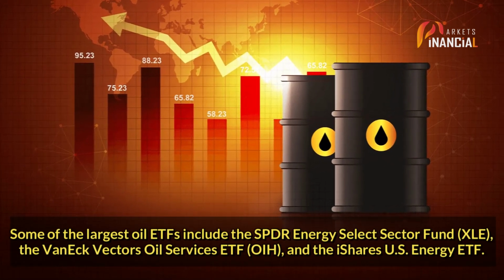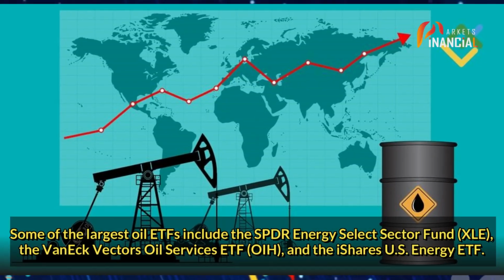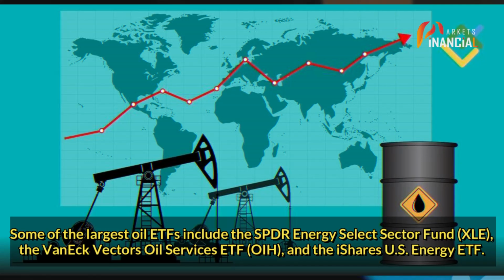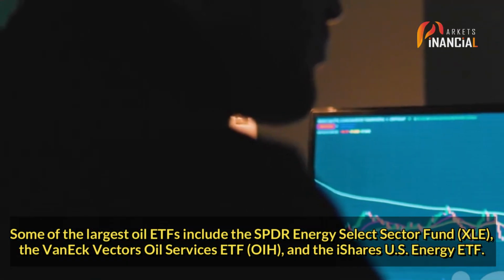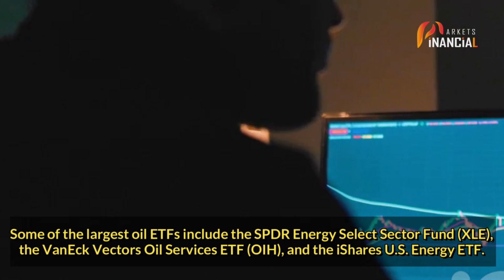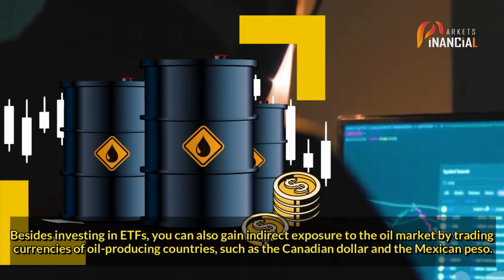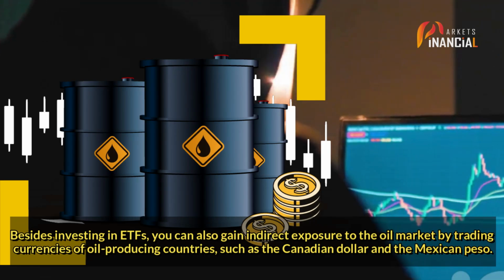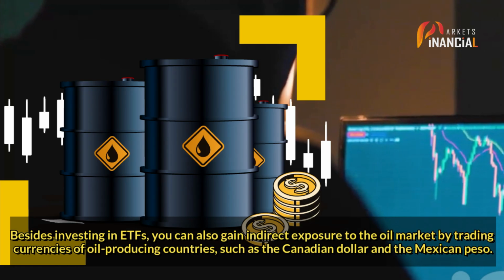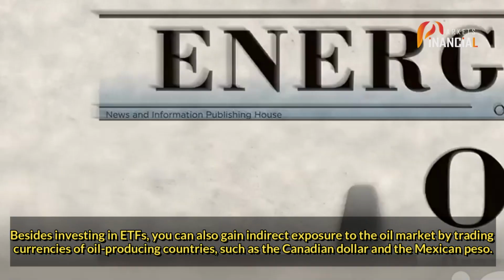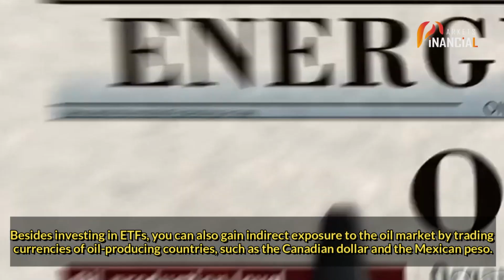Some of the largest oil ETFs include the SPDR Energy Select Sector Fund, XLE, the VanEck Vectors Oil Services ETF, OIH, and the iShares US Energy ETF. Besides investing in ETFs, you can also gain indirect exposure to the oil market by trading currencies of oil-producing countries, such as the Canadian dollar and the Mexican peso.